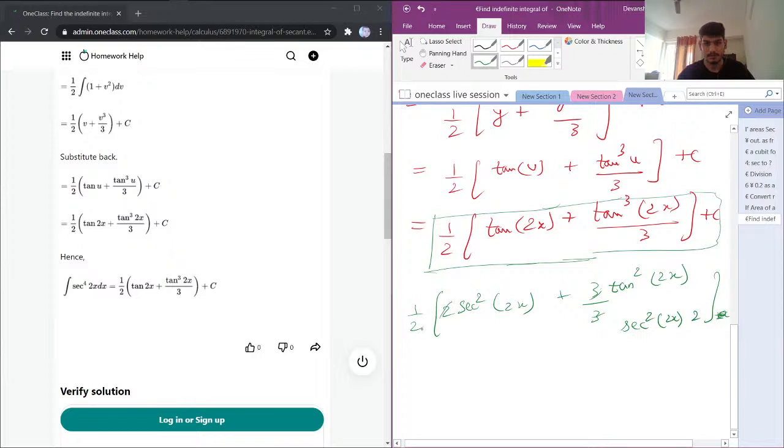We get 2 and 2 gets cancelled from here. We get secant square 2x plus tangent square secant square 2x.